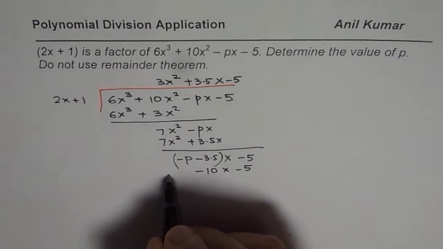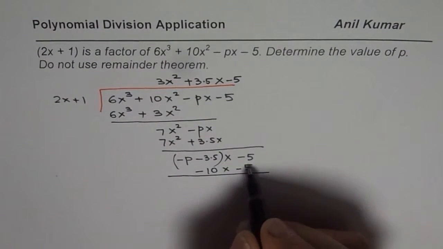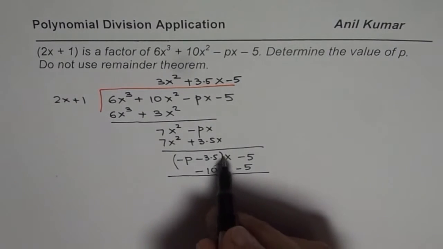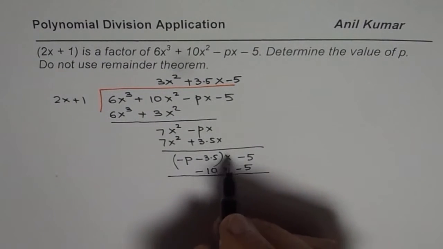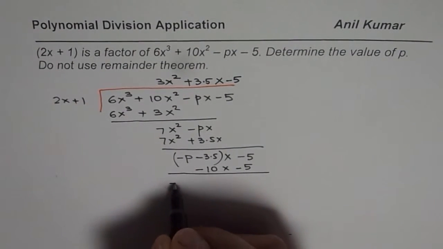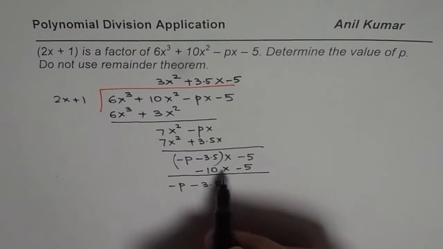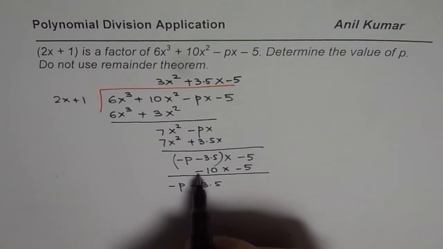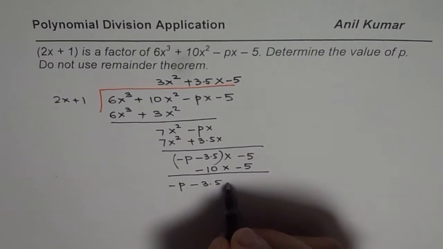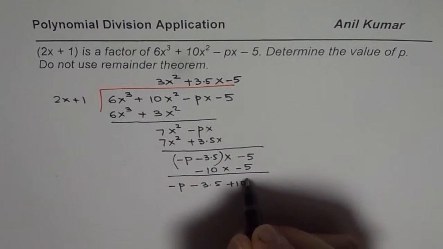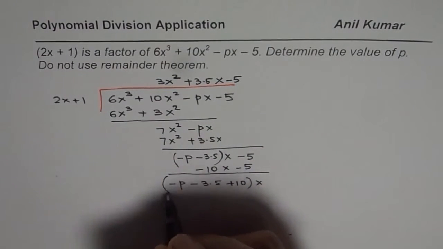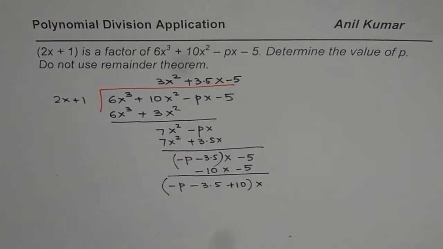Now when I take away, of course this is 0, and this time the coefficient of x is minus p minus 3.5, and minus of minus 10 becomes plus 10. So it becomes plus 10, correct? All as a coefficient for x. So this is what we get this time.